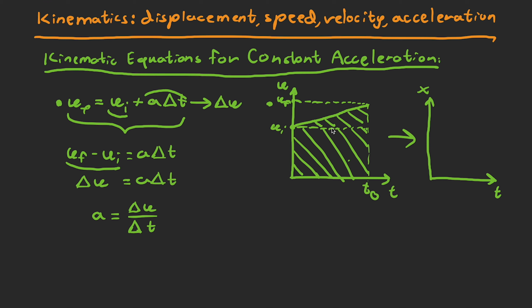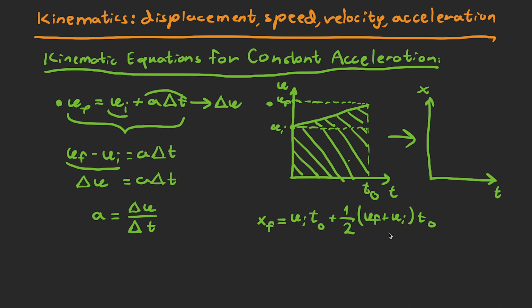So if we were to take the integral of this geometrically, we would say that the final position is equal to the initial velocity times t0 plus 1/2 of v final plus v initial times t0.